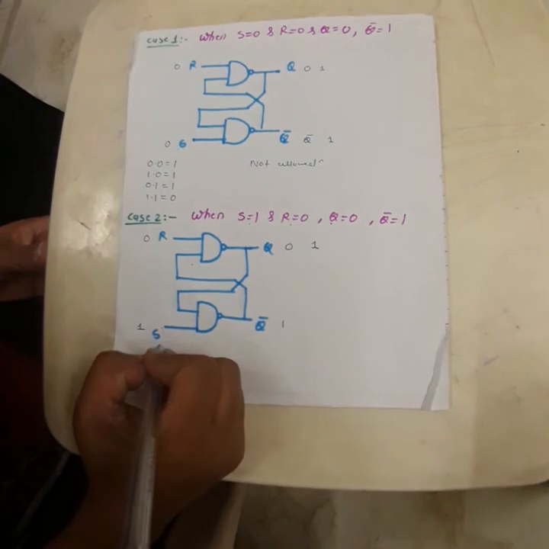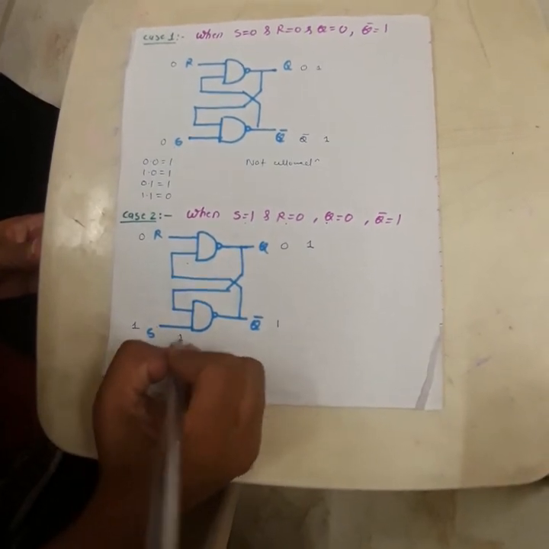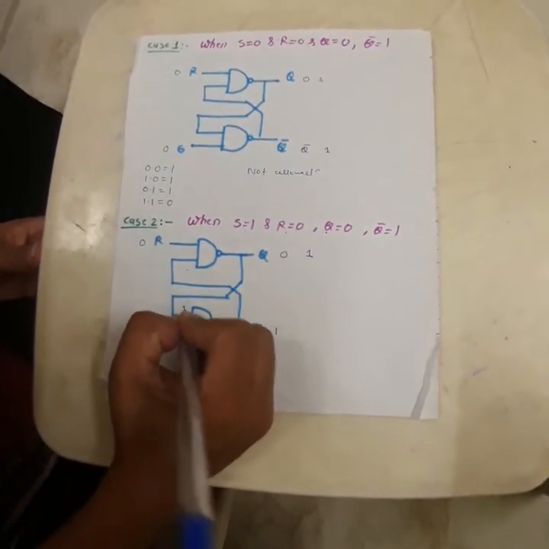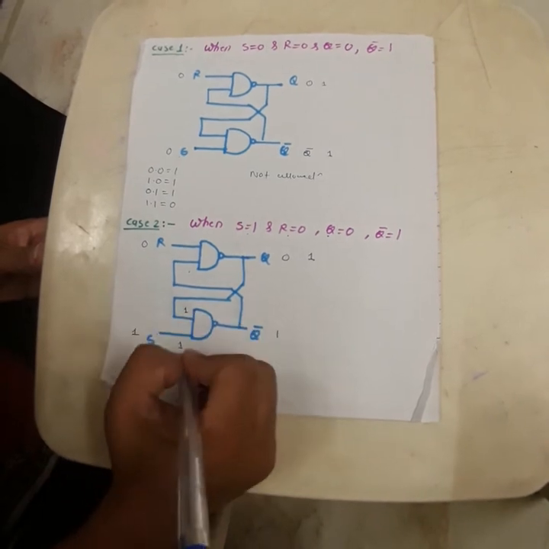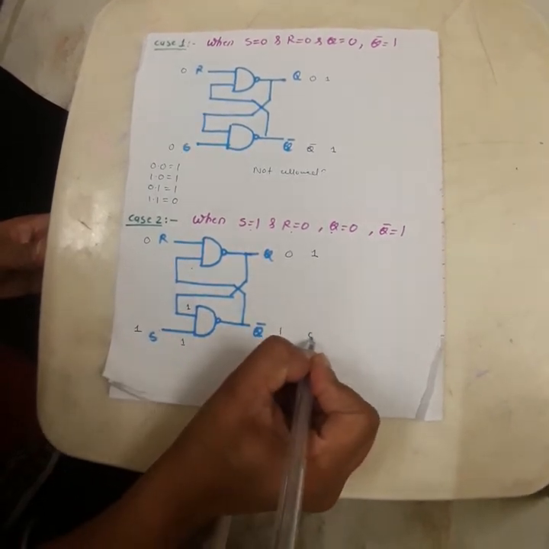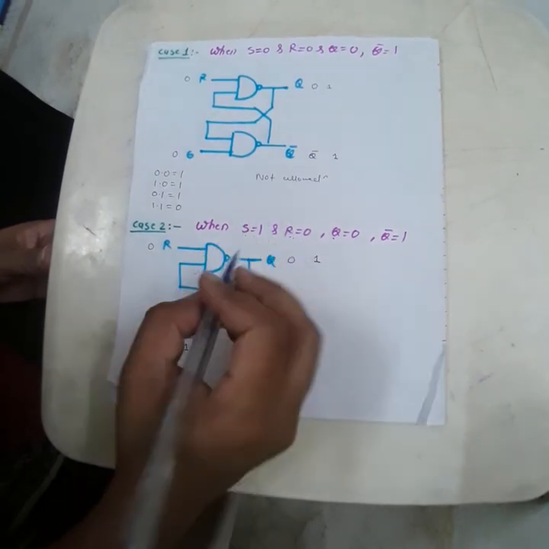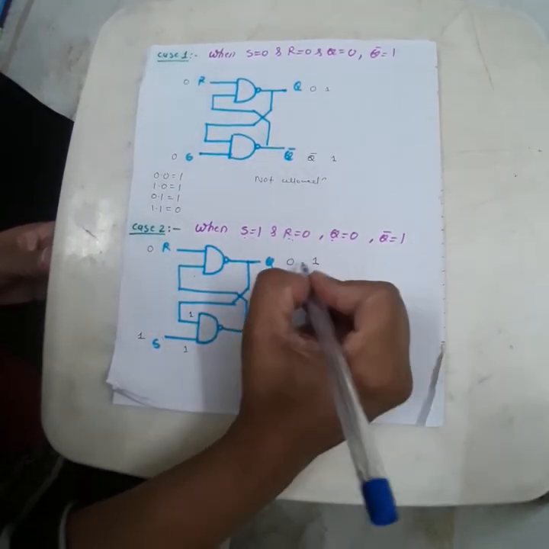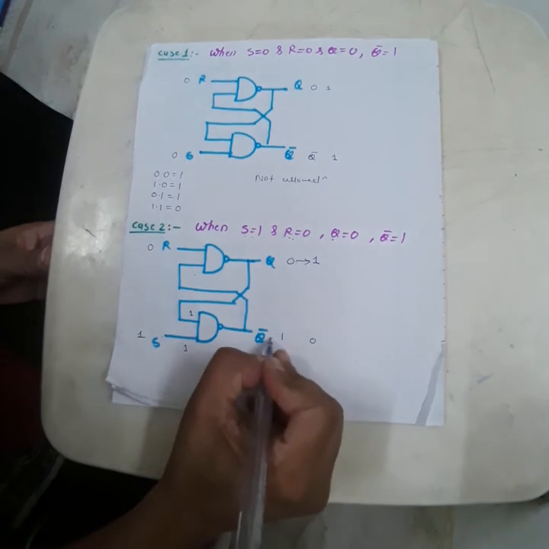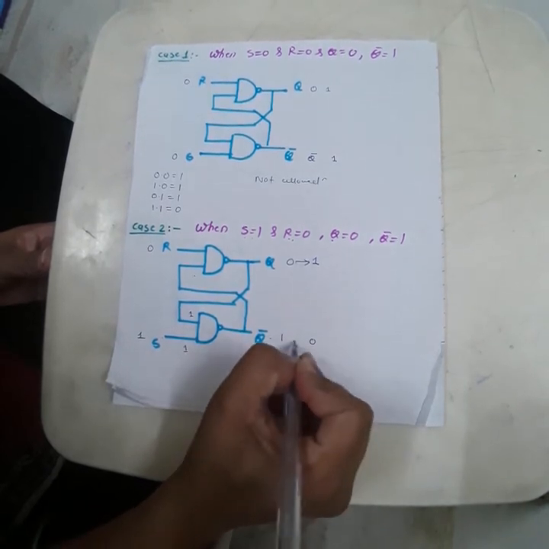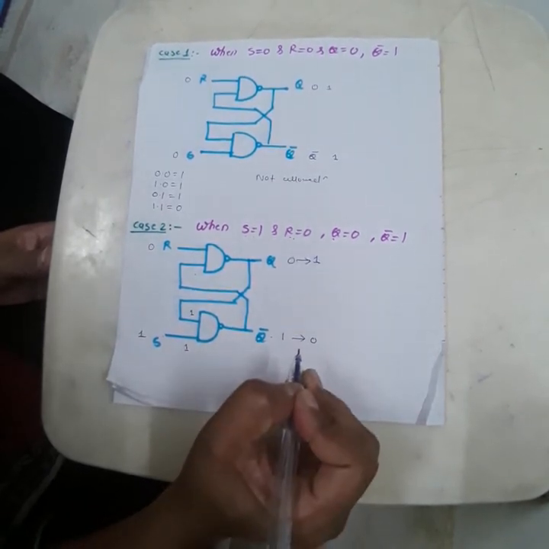In the second NAND gate, S equals 1 and Q is also 1, so you know that 1.1 equals 0. That means when S equals 1 and R equals 0, your output is set to 1 and its complement is reset to 0.